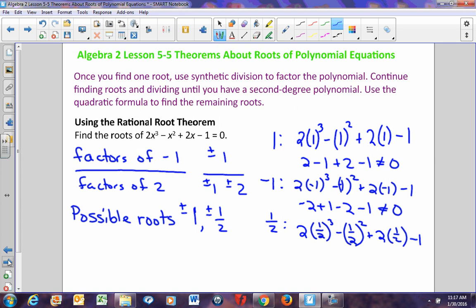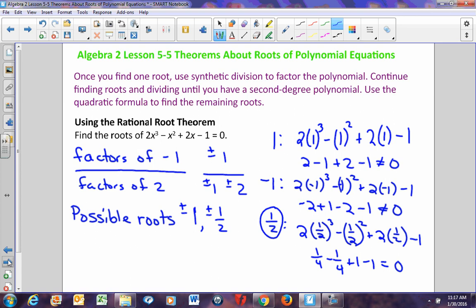So 1/2 cubed is 1/8. 2 times 1/8 is 1/4. 1/2 squared is 1/4, minus 1/4. 2 times 1/2 is 1, plus 1, minus 1. Hey, that equals 0. That works. So we now know that 1/2 is a root. Okay? So 1/2 is a root.